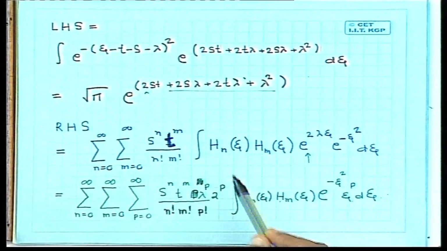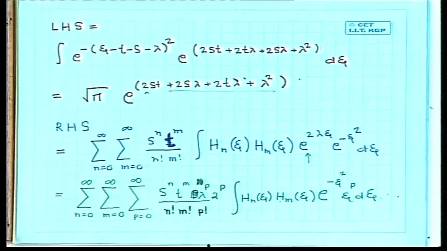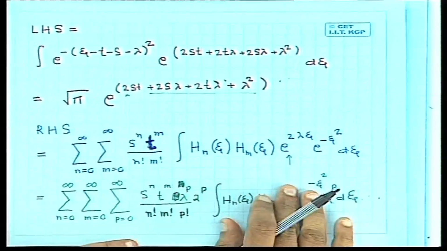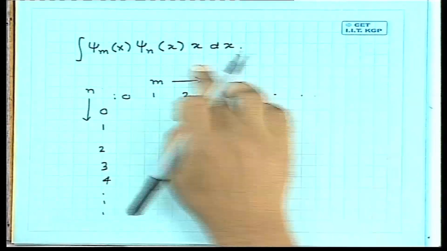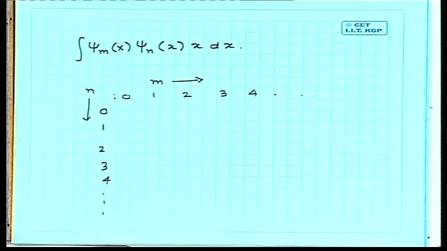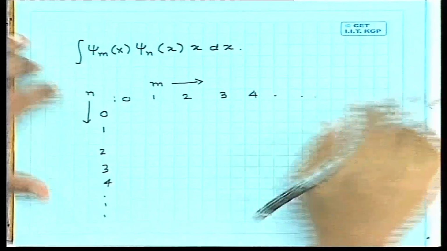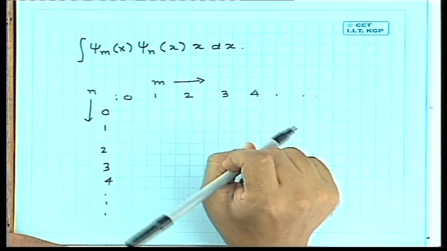You have to use this equality, equate this to this, and look at the appropriate power of lambda, the appropriate value of p, to get p equal to 1 in this case, and then the appropriate values of n and m to find out what this integral is going to be. It can be done, not very difficult. I will not do it here, and I will leave it for you as an exercise. Suppose we do it, then we will get a number.